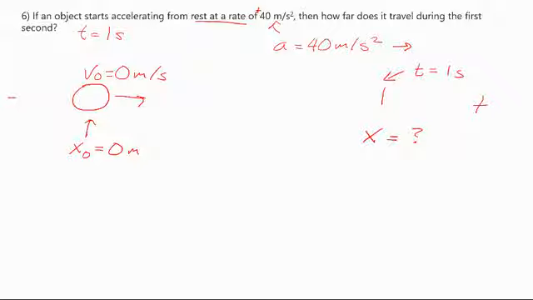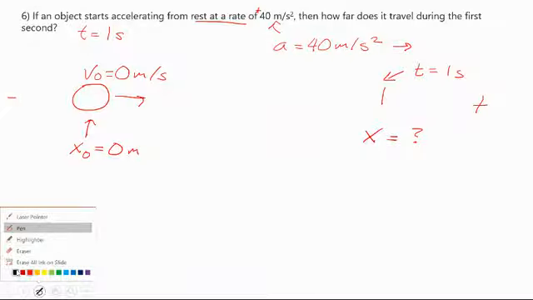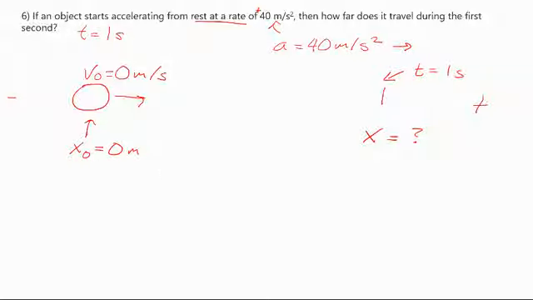Would it be x equals x naught plus initial velocity times time plus 1/2 acceleration times time squared? Yep, that's the one. So x equals x naught plus the initial velocity times the time plus 1/2 times the acceleration times the time squared.